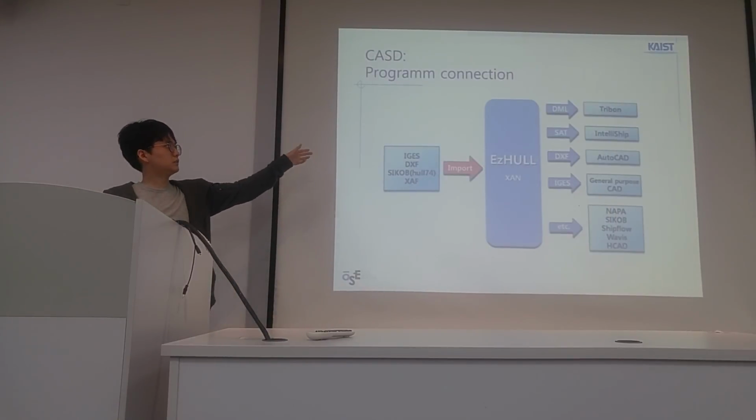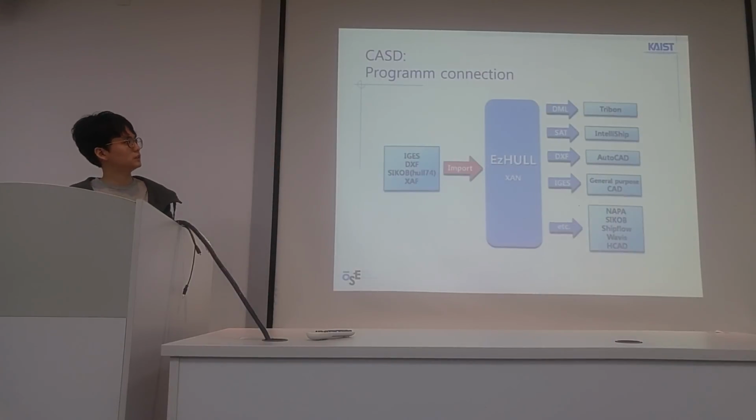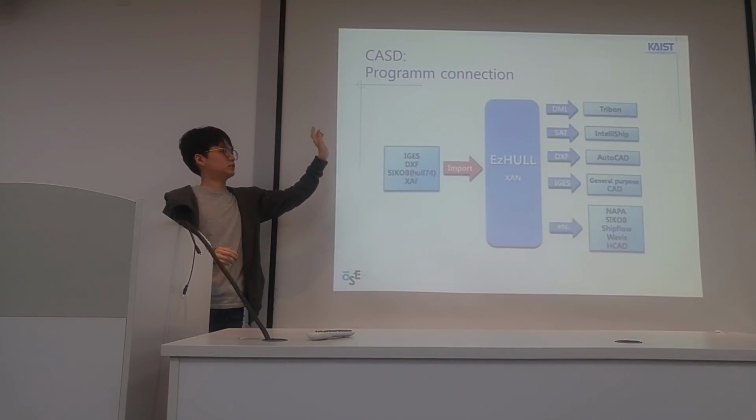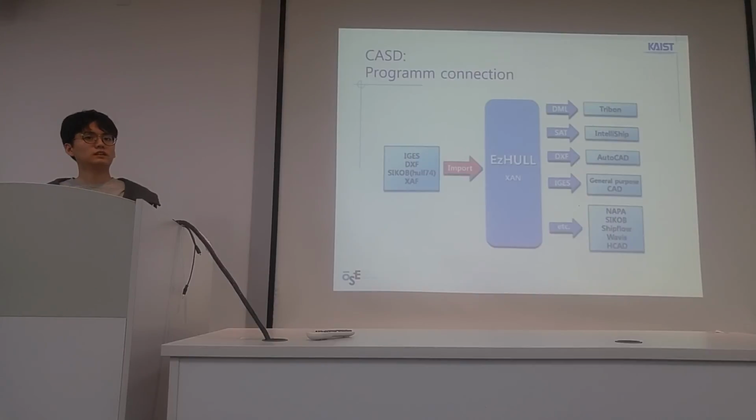So many programs are now connected to each other. So even if someone uses Trigon and someone uses EasyHull, they can communicate with each other if the program developer supported it.